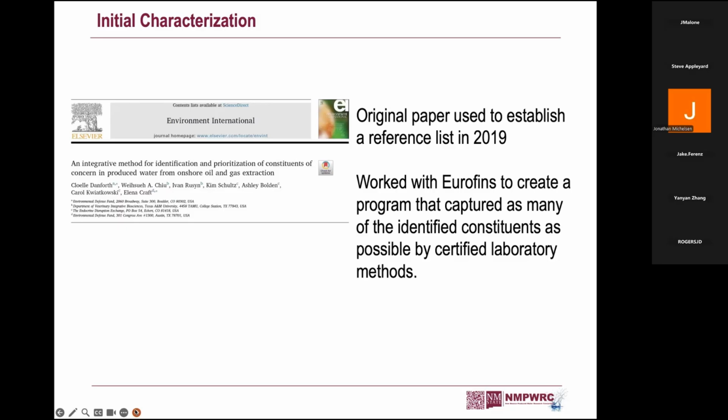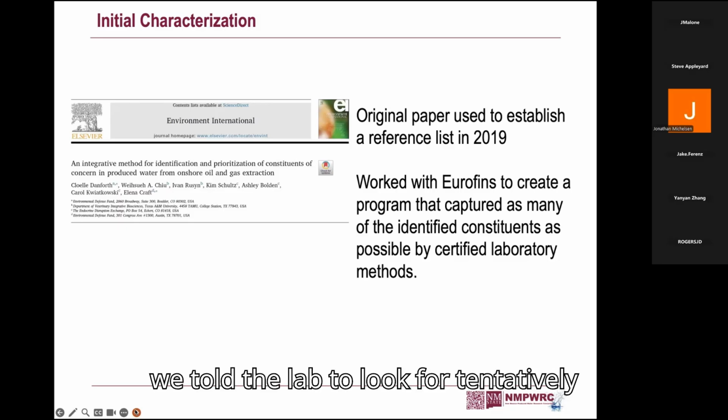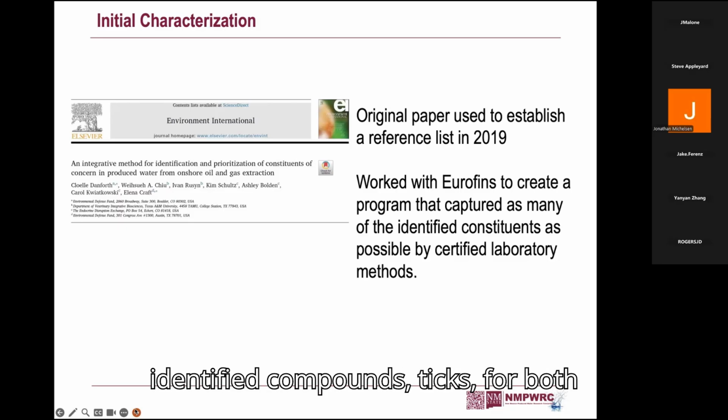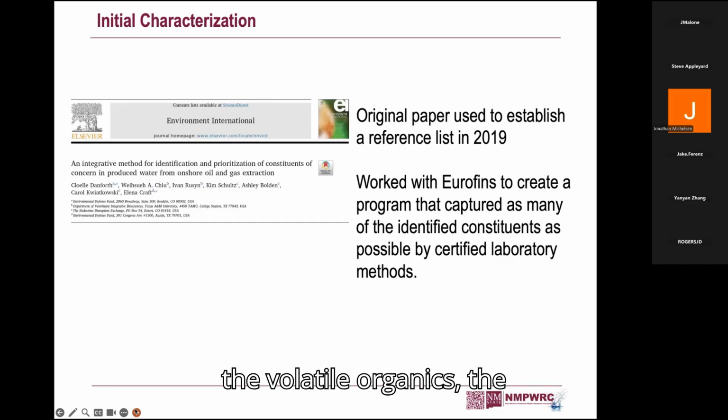And we told the lab to look for tentatively identified compounds, TICs, for both the volatile organics and the non-volatile organics, so GC mass spec and LC mass spec. That was the start of creating this program.